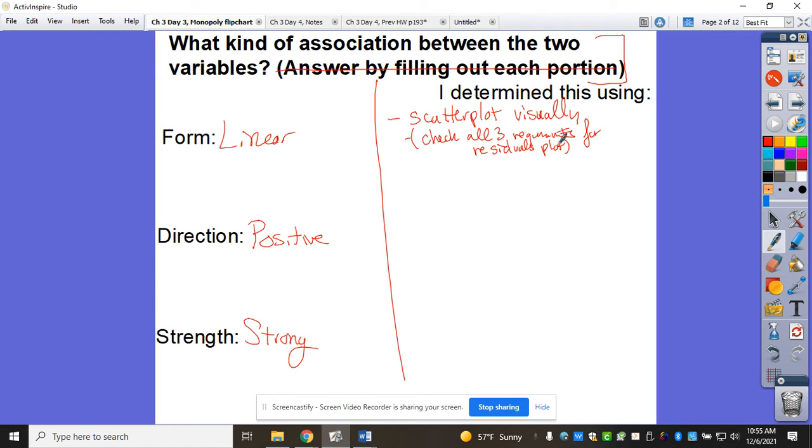I wouldn't expect you to do this on that homework, but what are the three things we check on a residuals plot? No pattern. The long one: scattered evenly above and below 0 for all values of x. And then our third one, relatively small residuals.